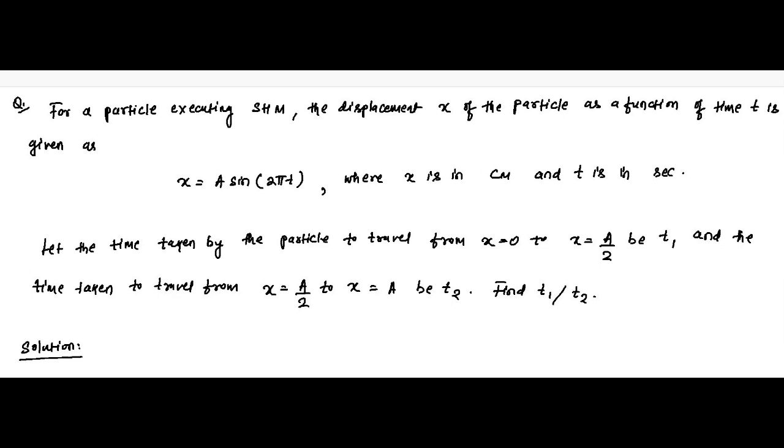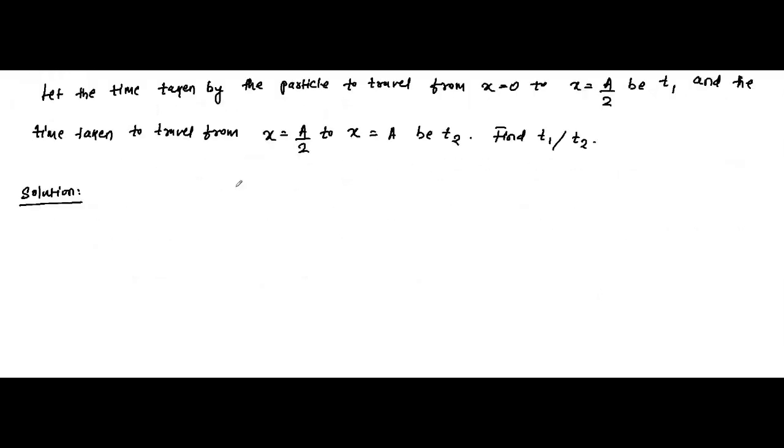Okay, so first, the basic format of simple harmonic motion: x is equal to A sine omega t plus phi. We will compare it with the given function, which is A sine 2 pi t.